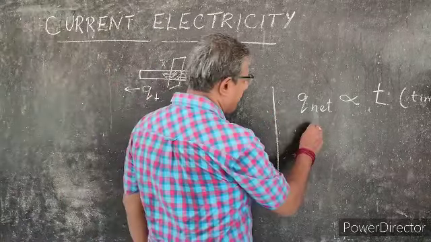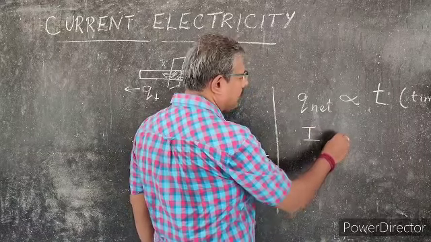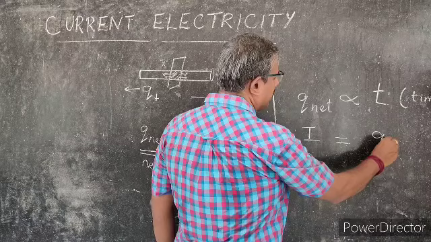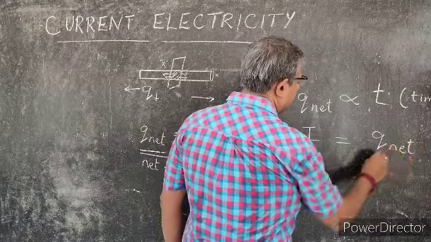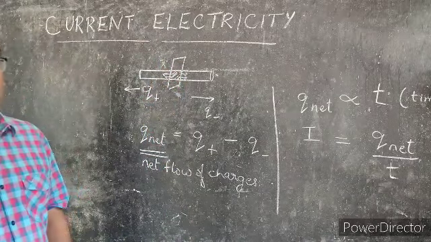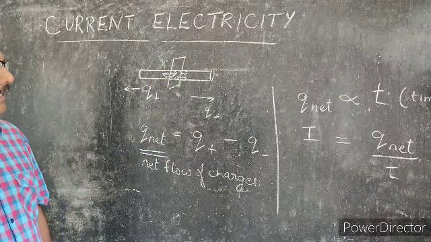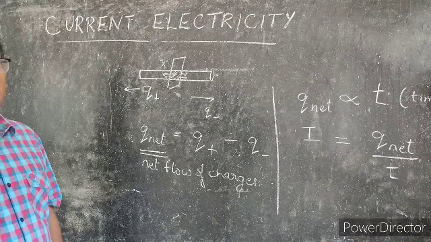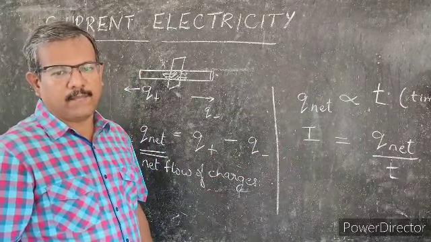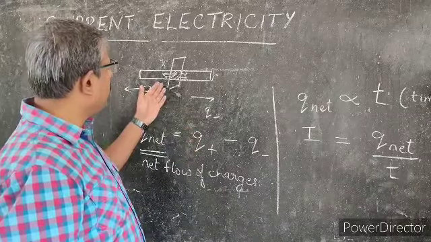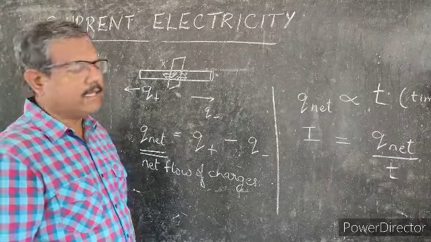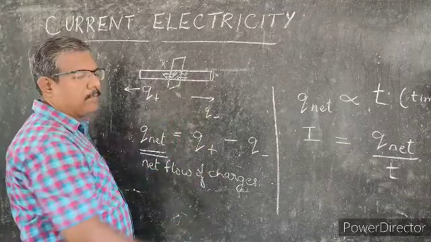In that case, I introduce a proportionality constant called current, which helps me remove the proportionality sign, and I get I equals Q net by time. So if I is positive, it is described as current in the forward direction, and if I is negative, then it's described as current in the backward direction.